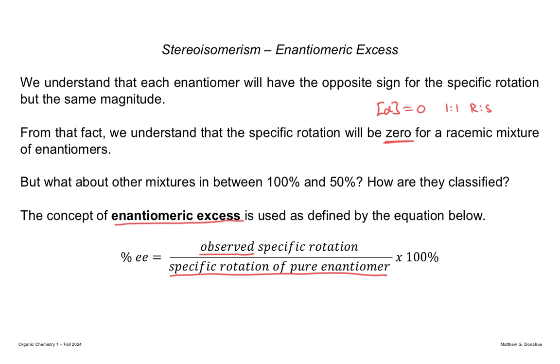Because otherwise your values will be off. For everything that we'll do in here, those values are sort of known. And then you multiply by 100, and that gives you the excess of one enantiomer over the other. So that will hopefully be a little bit clearer as we look at some tables in the upcoming slides.